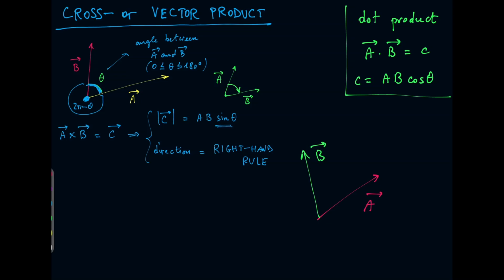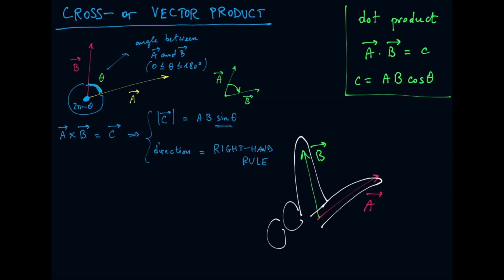And you imagine to take your right hand with your index finger oriented like A, and your middle finger, and these are your ring finger and your pinky, then your thumb, which is, I mean, I'm not even too upset about this.